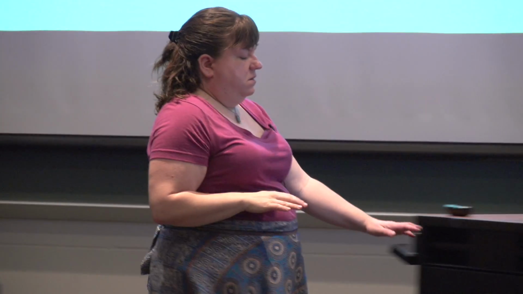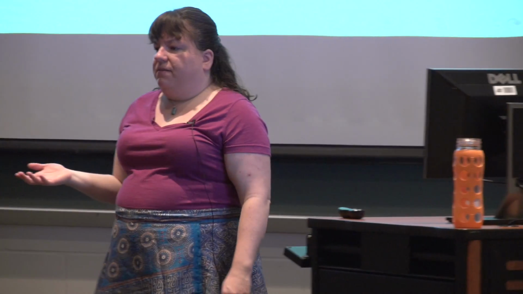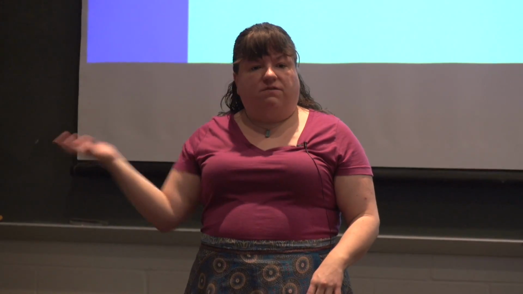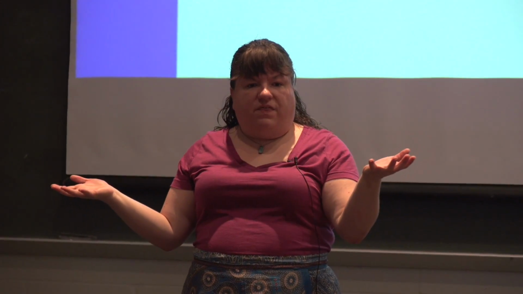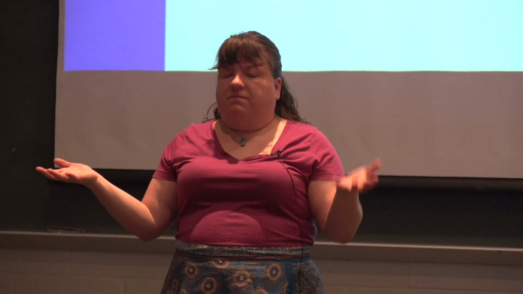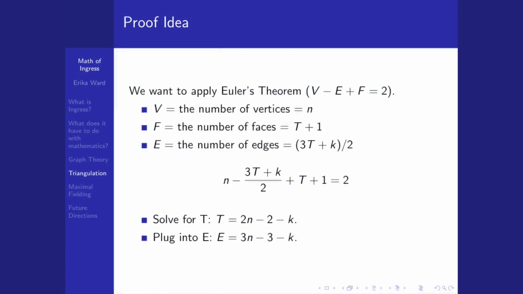So, how do we prove it? Well, it's just figuring out how to connect up the triangulation vocabulary with the Euler's theorem identity vocabulary. So, the V in Euler's formula is the number of vertices, which in triangulation talk we've been calling n, the total number of points.